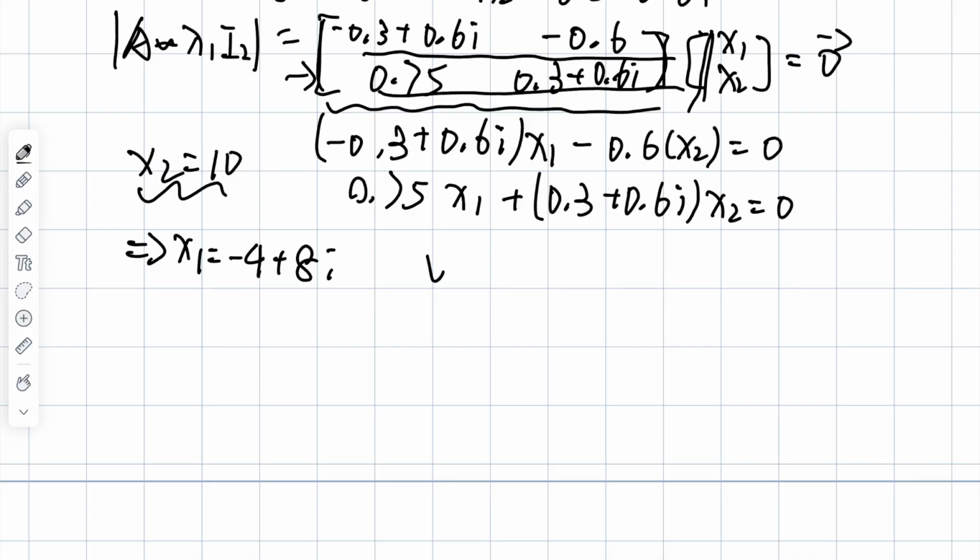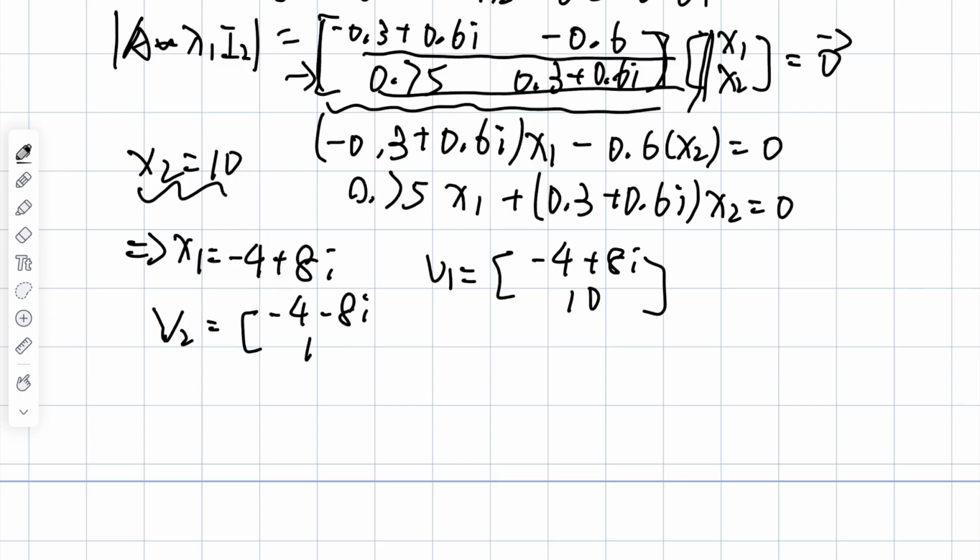Therefore, for lambda 1, the eigenvector is v1 equals (-4 plus 8i, 10). Using the same method, we can find v2 equals (-4 minus 8i, 10) for lambda 2 equals 0.8 minus 0.6i.